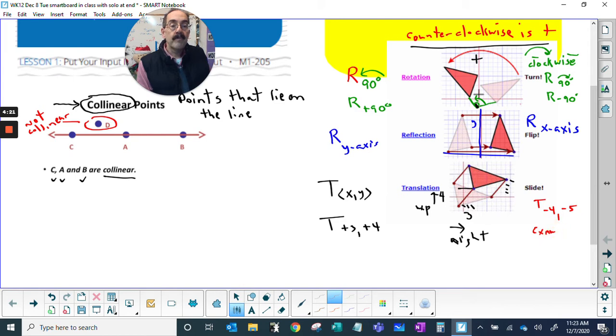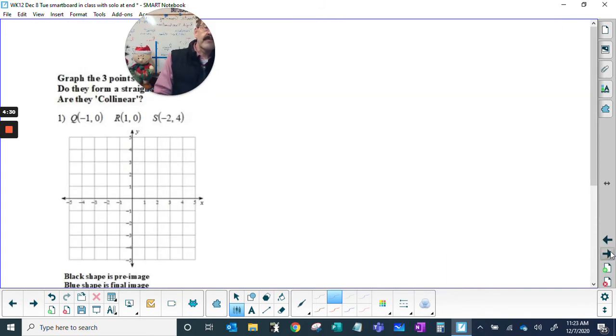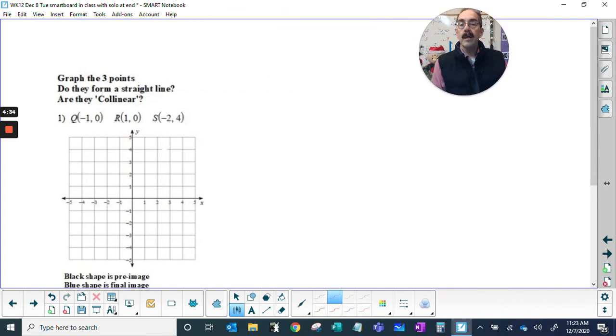Then in class, we actually went to the whiteboard and we did the following problems. The first one, I asked you to actually graph these 3 points and to say, do they form a straight line? Are they collinear? So let's do it. You can always pause the video.